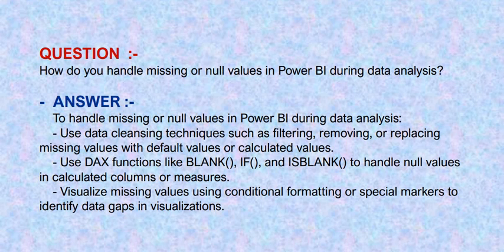Use DAX functions like BLANK, IF, ISBLANK to handle null values in calculated columns or measures. Visualize missing values using conditional formatting or special markers to identify data gaps in visualizations.